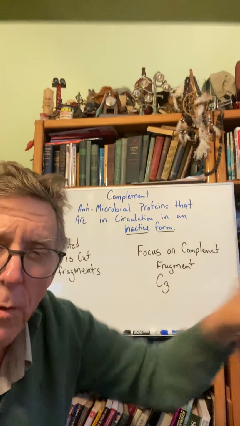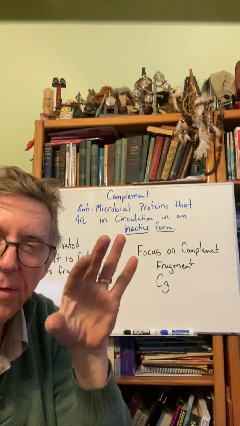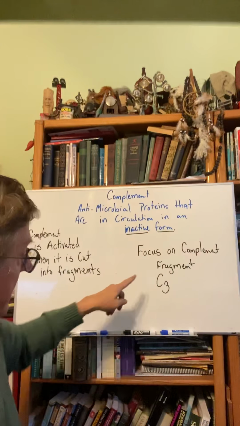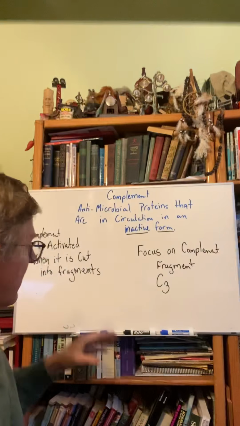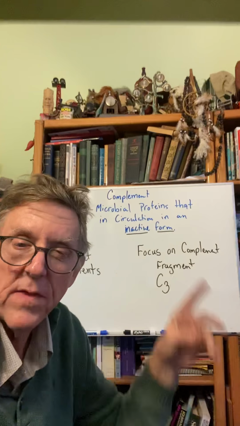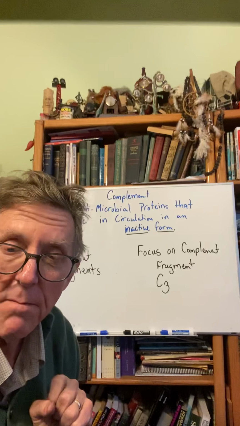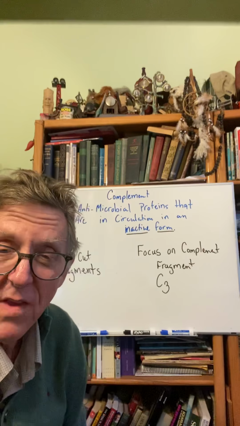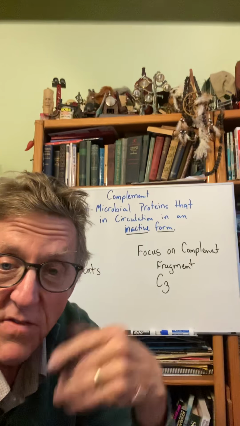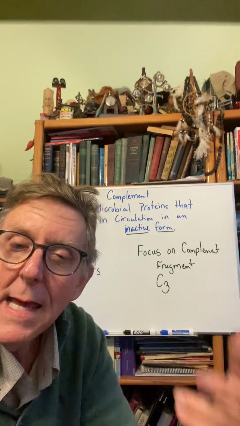So we're going to look at the three ways that we get C3. So what causes this inactive complement protein to become chopped up into a piece, the C3 fragment that's going to play such an important role in immunity?